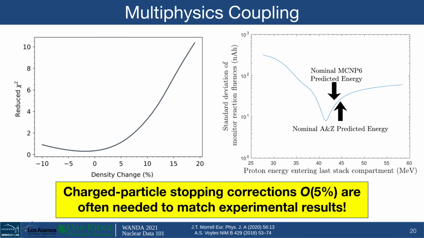In recent years, it has become increasingly clear that these issues are largely not due to issues with the reaction data employed in these models, but rather with an underestimation of the stopping power of highly energetic charged particle beams. This problem is particularly dangerous, as it can lead to a number of different compensating errors in activation measurements, as well as redirect away efforts from isotope production activities which are of higher priority.